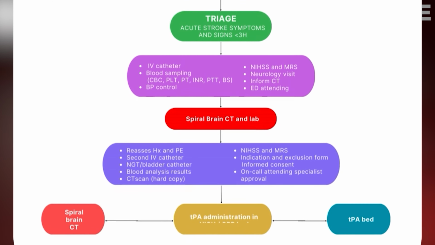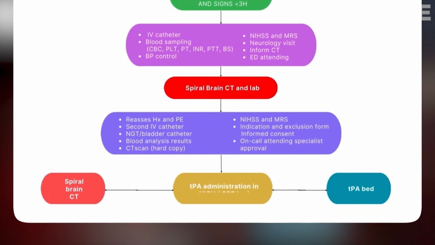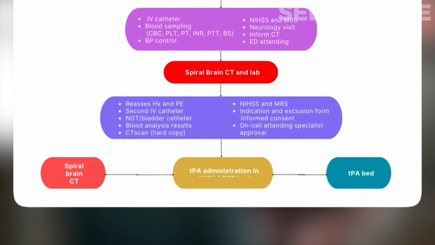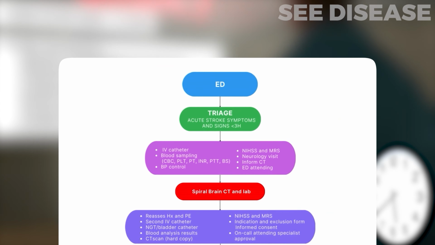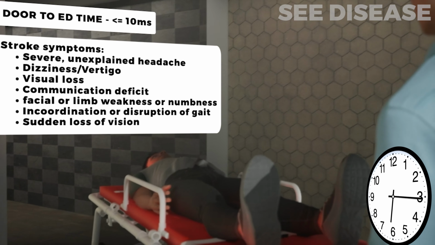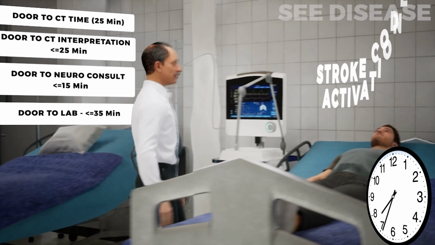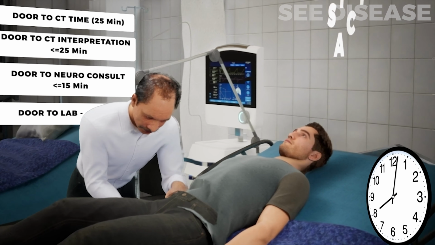You also inform the imaging center about the urgent CT, and you call the consultant and arrange for the CT as early as possible, and try to get the report back, and call the neurology consultant, who is going to reassess the history and physical examination, make sure if it's a stroke, and assess the stroke time, that is the time of onset.